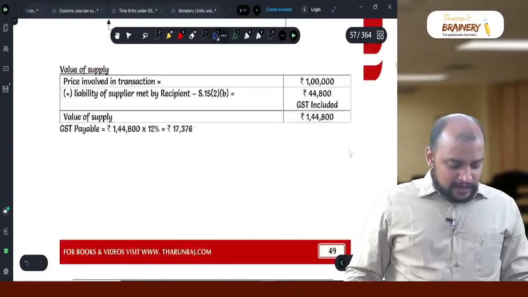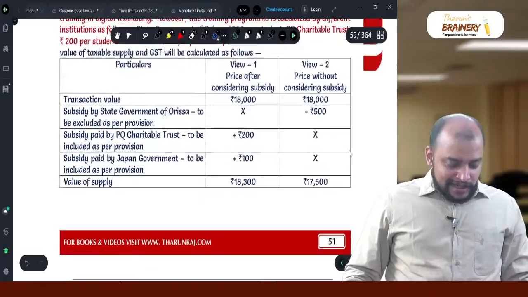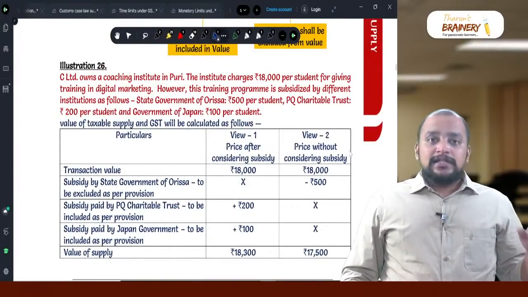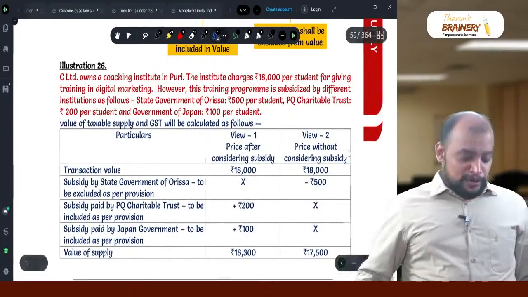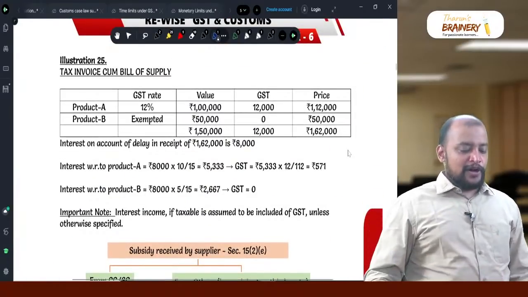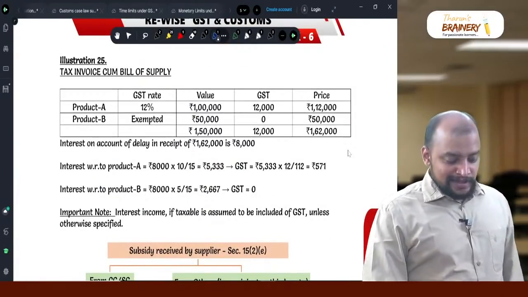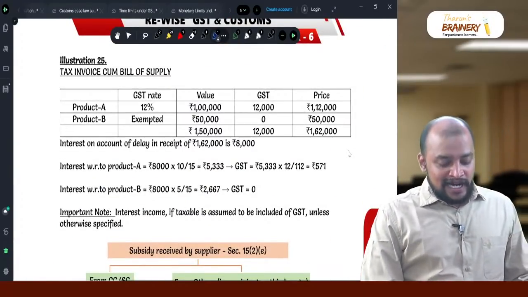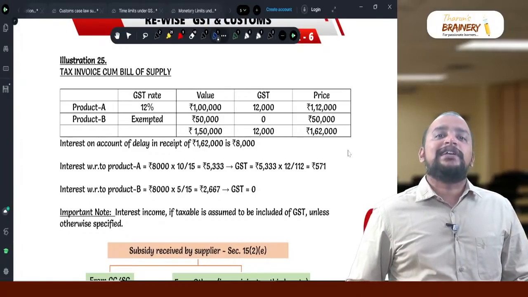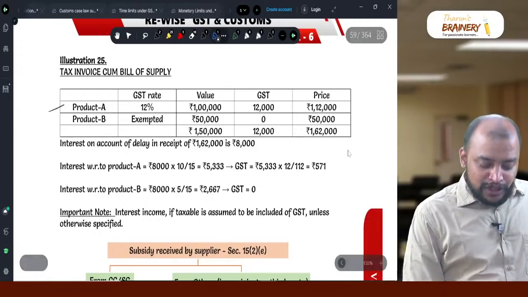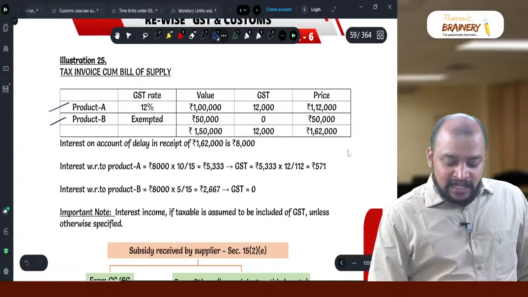And then next will be interest. Suppose there is interest, the rate of GST should be the rate applicable to the invoice. So here you can see product A chargeable at 12%, product B exempted, value 1,50,000. In that case, suppose there is an interest, what we need to do with that interest? We need to apportion it between product A and product B in the value ratio.